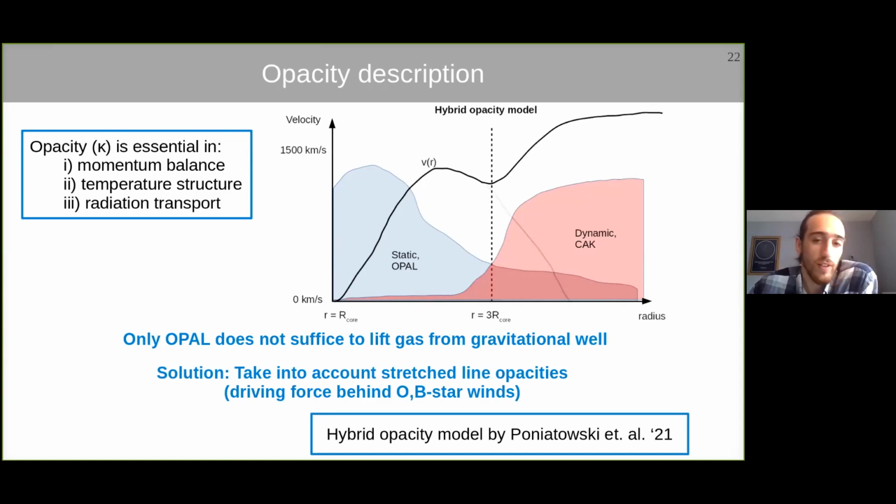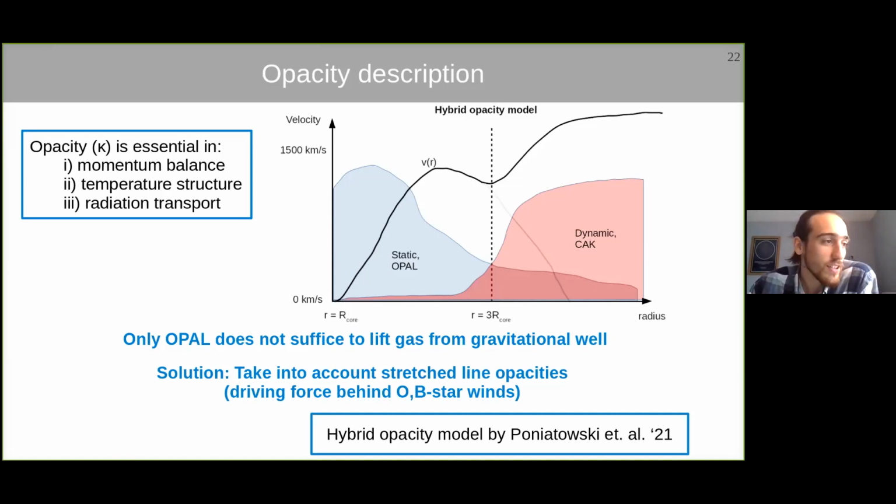When you have a gas particle that can absorb light very efficiently at a given frequency, at an absorption line, and it absorbs light and gets accelerated, it will have a higher velocity, and thus the absorption line will Doppler shift out of its own shadow. So the further that you are in the wind, the more your absorption line is Doppler shifted, and thus at every radial point you can absorb more unattenuated light from the stellar surface.